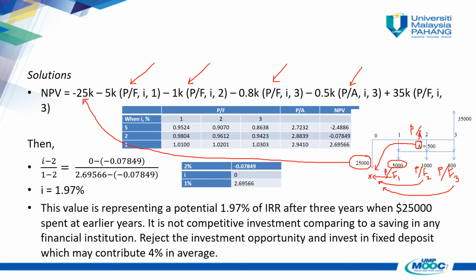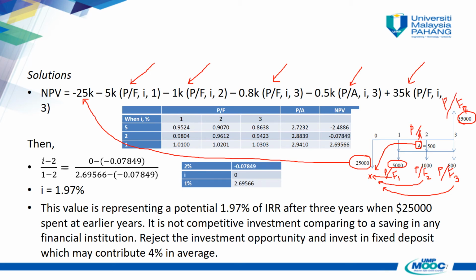Lastly is our 35,000, which is our F4. So this will become 35,000 multiplied by finding P when we know the F.